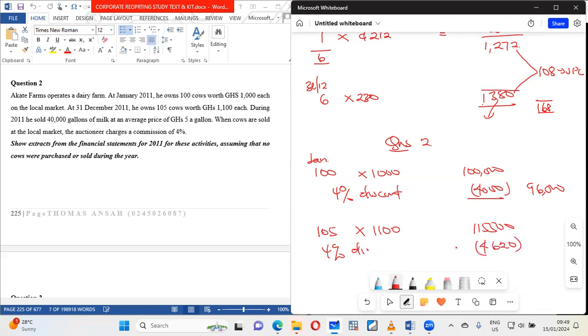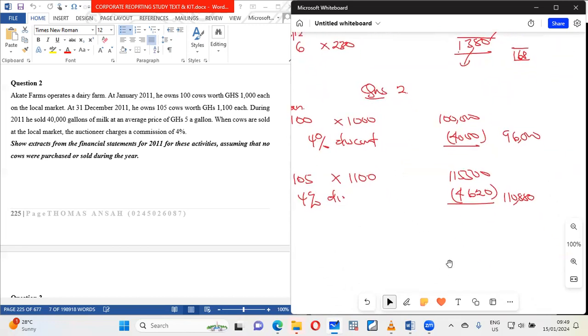And so therefore, how much do I have? 115,500 minus that gives me 110,880. So that's my closing balance because that's the reporting value.